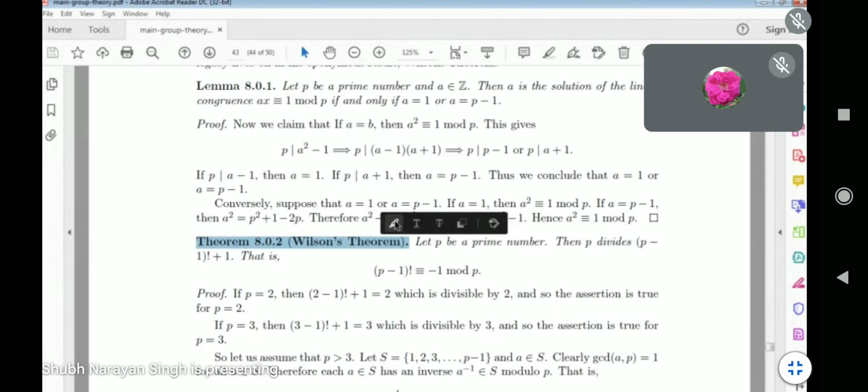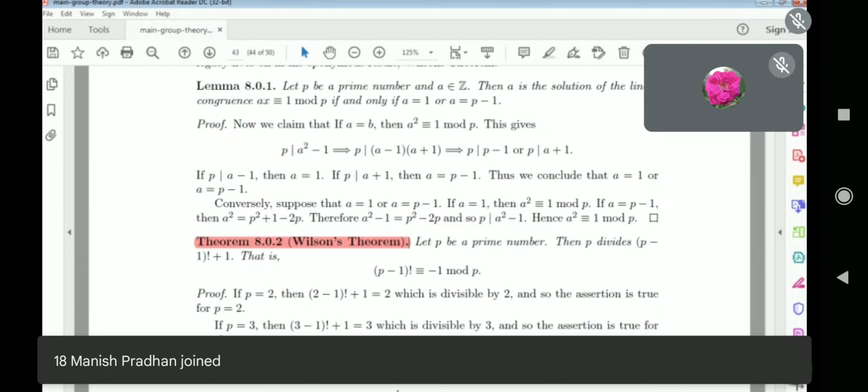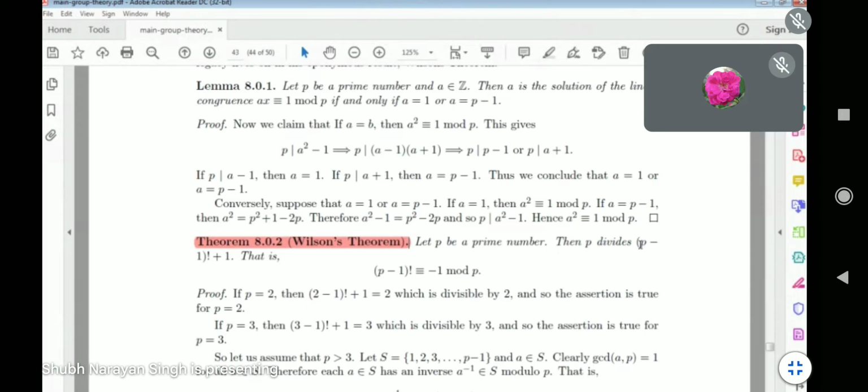I'm talking about the statement 8.0.2. Here we have a prime number p. Then these results say that this prime number p always divides this number (p minus 1) factorial plus 1.